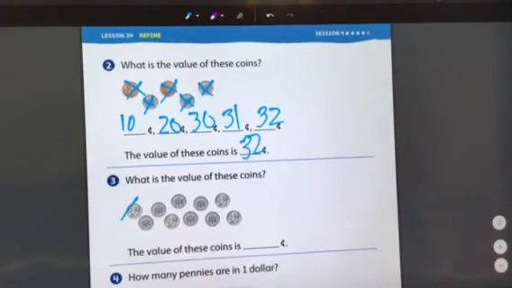So 10, 20, 30, 40, 50, 60, 70, 80, 90, 100. The value of these coins is, this is the cent symbol, so yes, you are writing 100 cents.